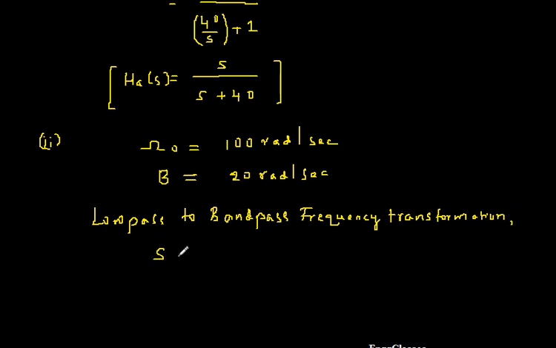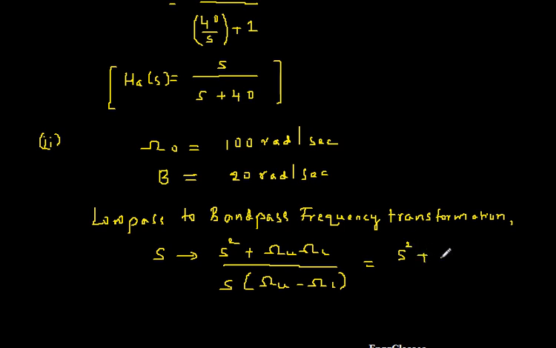So every S need to be replaced with S square plus omega U into omega L, that gets divided by S into bracket omega U minus omega L, which can be simplified as S square plus omega naught square in terms of center frequency, that gets divided by S. Omega U minus omega L is nothing but the bandwidth. I will write it as B.